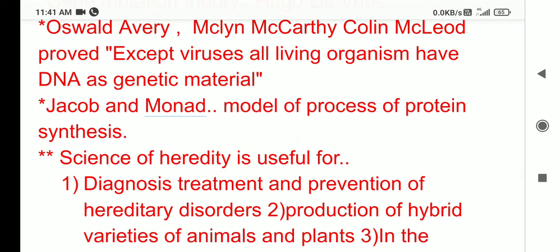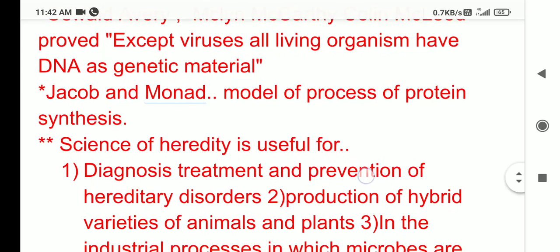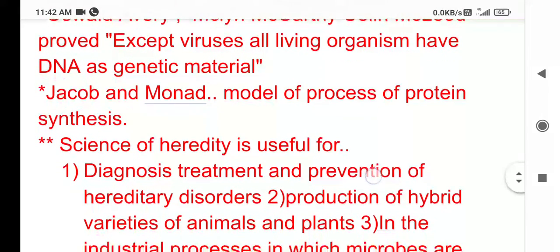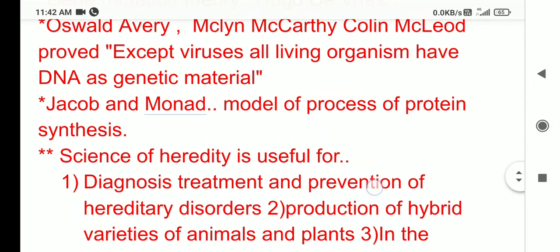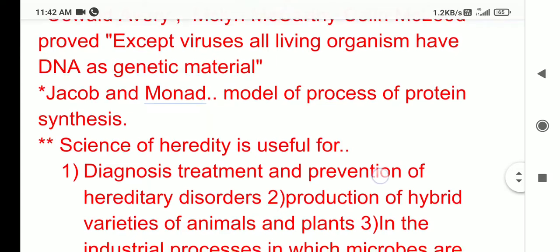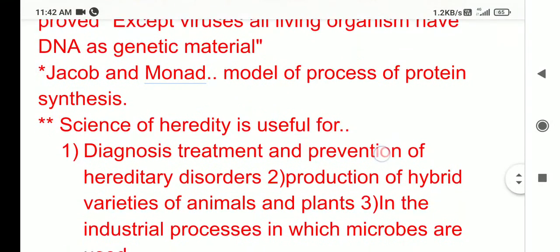Except viruses, all living organisms have DNA as genetic material. Means genes are carried by DNA from generation to generation, and thus the genes control the characteristics and appearance of the organism.